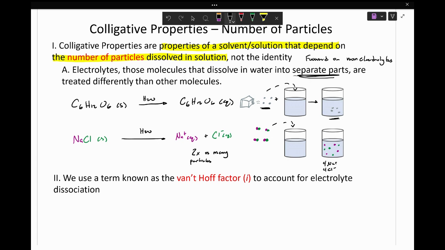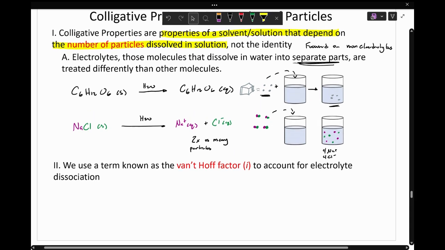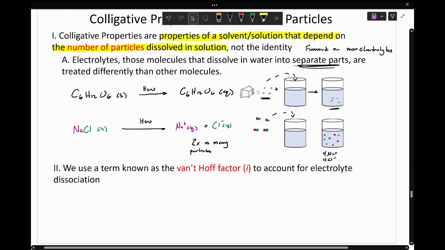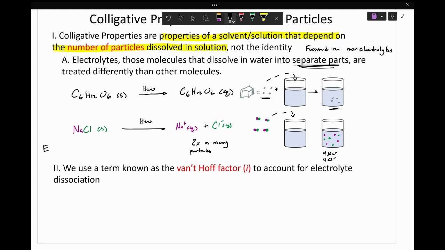We're going to see the way we address these electrolytes. Most of the electrolytes we focus on are either going to be ionic salts, or ionic compounds, and acids or bases.